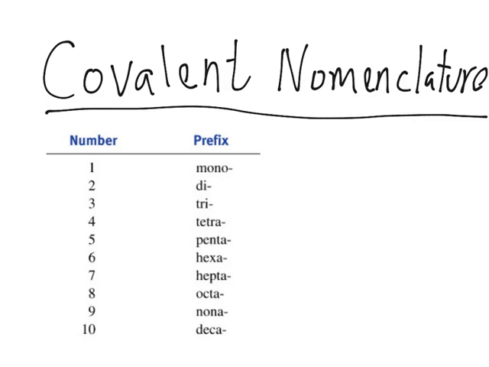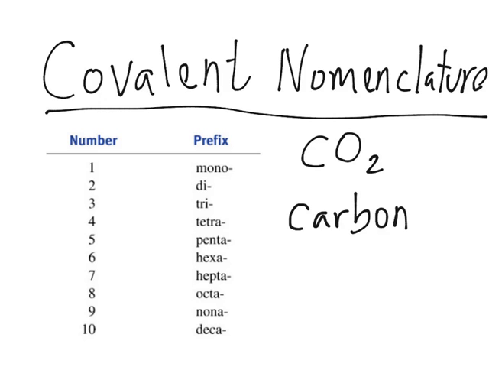Let's use CO2 as an example for the covalent nomenclature. What you want to do is write the first element at the beginning, so it will be carbon, and then the second element, in this case oxygen. You have to look at the number it has. So it is 2.